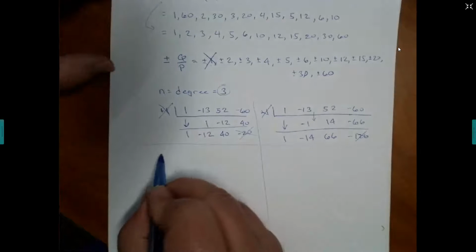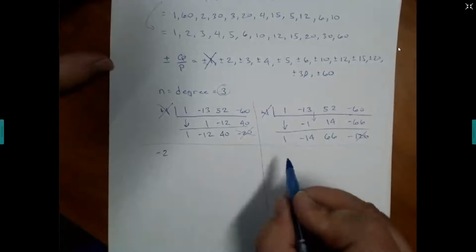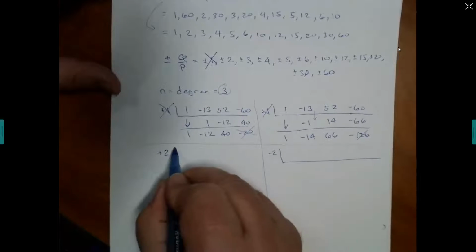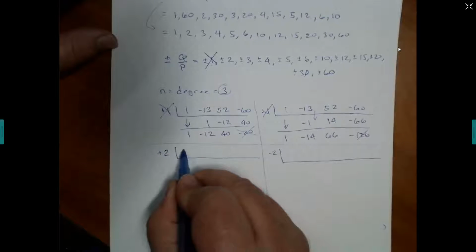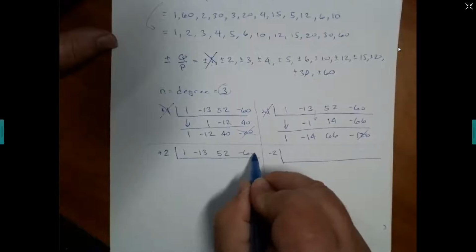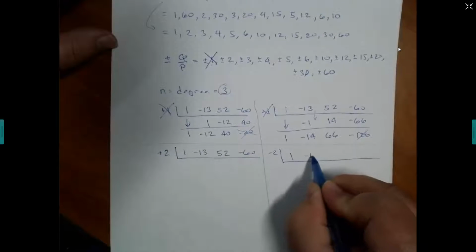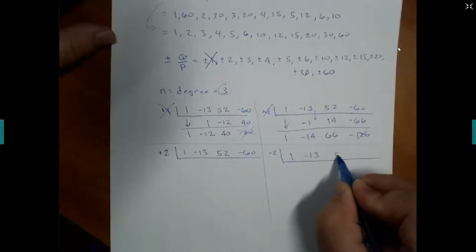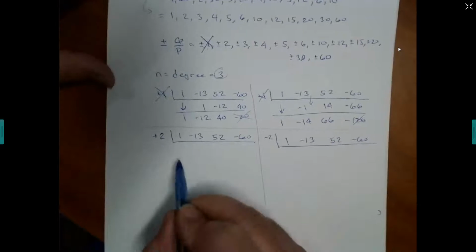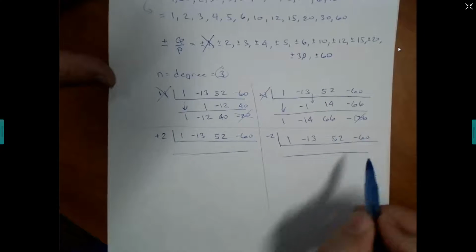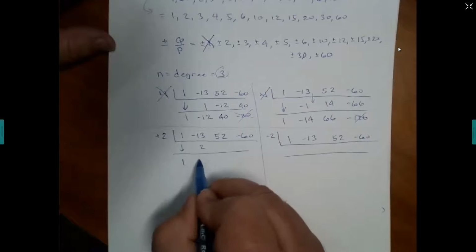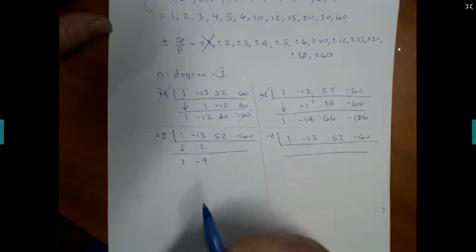So I go across the line to plus 2 and minus 2, and just use synthetic division on both of those. So we have 1, and 2 makes it negative 9.